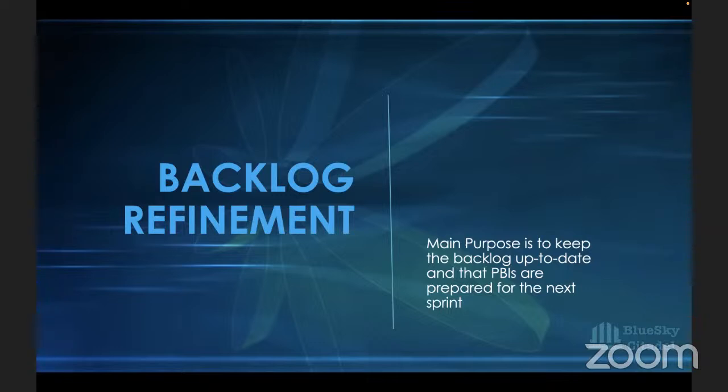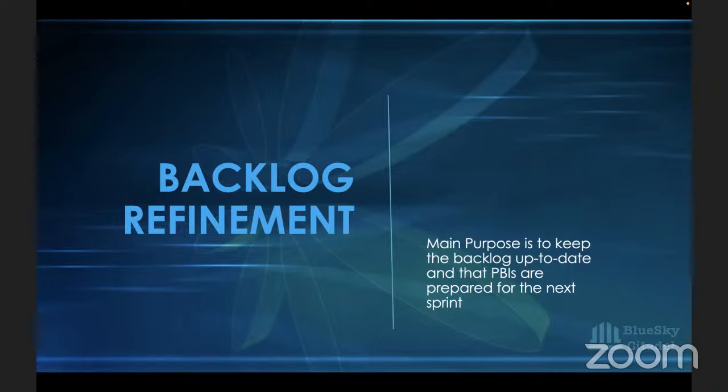Now, if it is too late in the sprint, maybe on the last working Friday of your sprint, the product owner may not have enough time to gather additional requirements that the team may need or ask for.